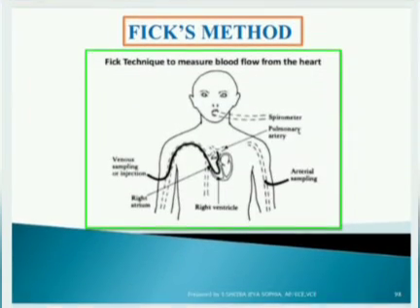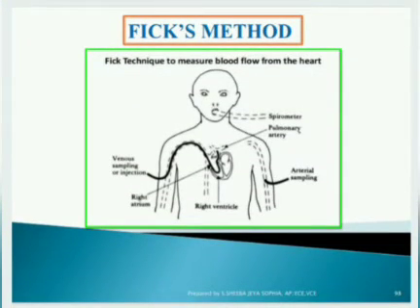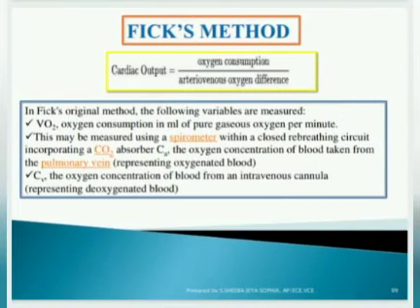Here you can see the diagrammatic representation of this Fick method to measure the blood flow. How is it injected? It is injected using the spirometer into the heart, and the blood variations and the amount of marker substance taken determine the flow of blood. Cardiac output is equal to oxygen consumption divided by arteriovenous oxygen difference.